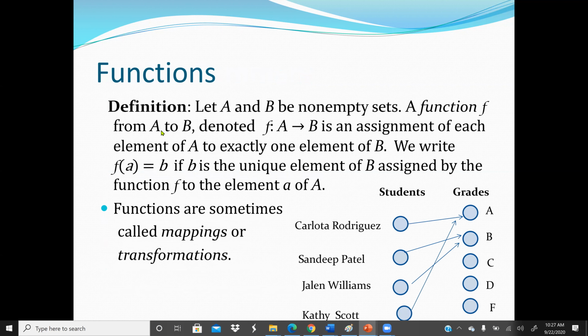So first, we start with the definition of a function. Here we say let A and B be non-empty sets. So A and B are sets with some elements.